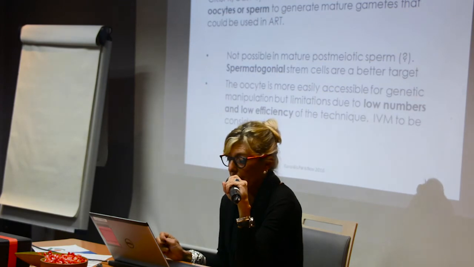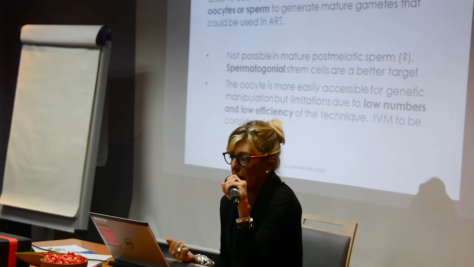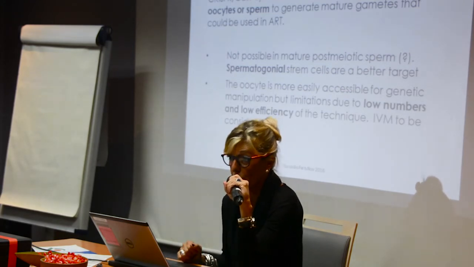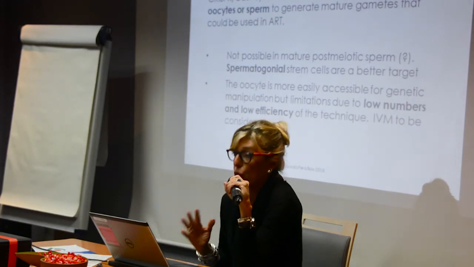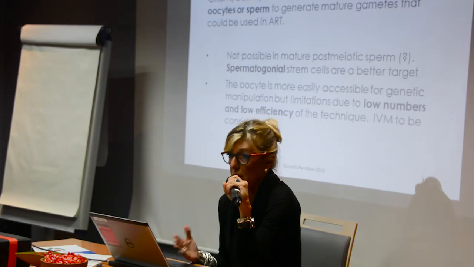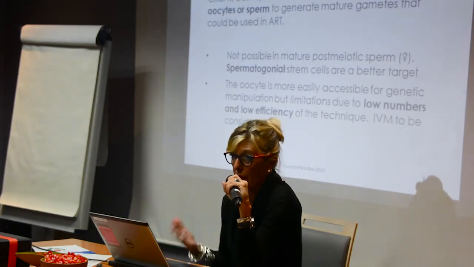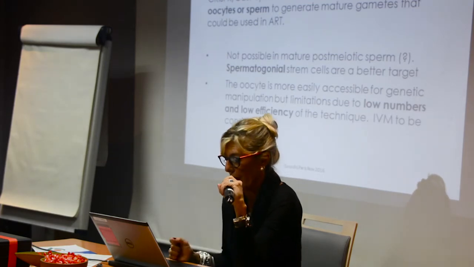What we can do is to try to work on stem cells, and this is the approach that has been used in most cases, with spermatogonial stem cells. So for sperm, we will be able to use spermatogonial stem cells that we can edit, and as a consequence, the sperm derived from these cells will be edited and will have the genome changed.